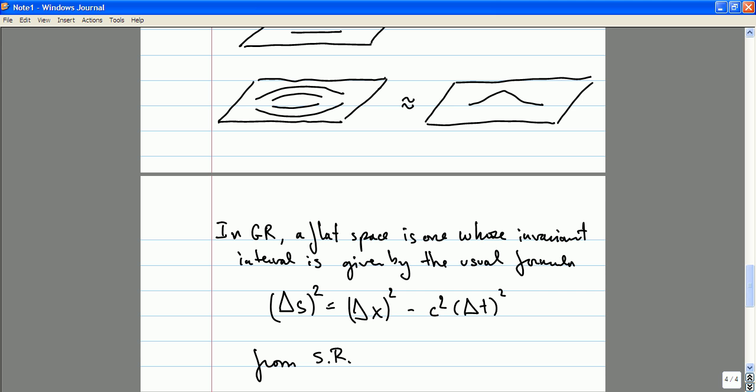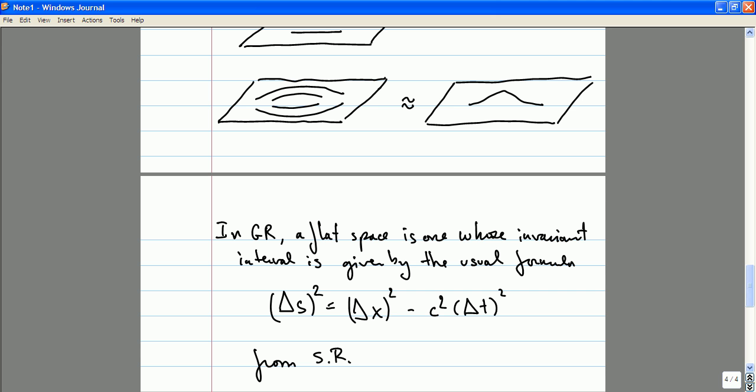Good. Other questions? Yes. So in GR, then, is Euclidean geometry never applicable? It's just completely not applicable. There are cases where Euclidean geometry is applicable.